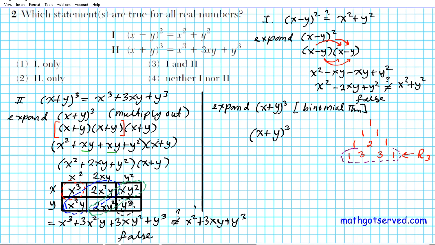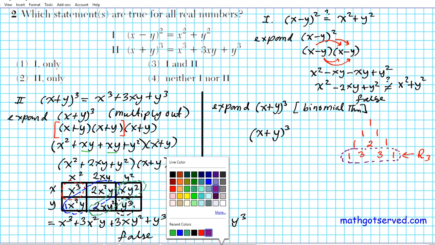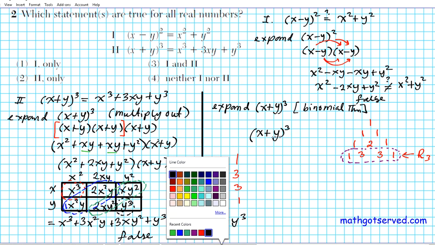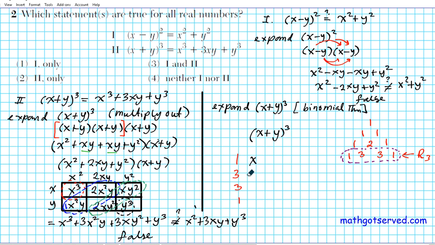Some of you already have this memorized, and I'm going to line it up. So we have 1, 3, 3, 1, and then I'm going to take these two terms, x and y. So 1 times x, x, x, x, and then times y, times y.